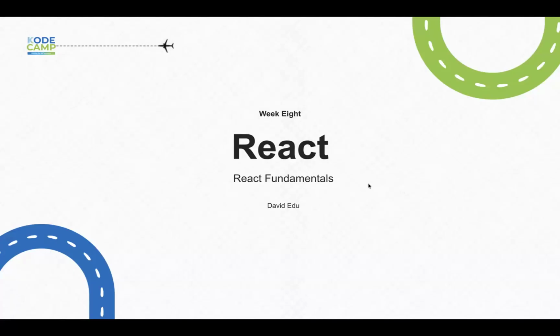We are already in week 8, so sure we can feel the progress, and everybody is beginning to write React like intermediate developers. Okay, so today we'll continue from where we stopped last week.